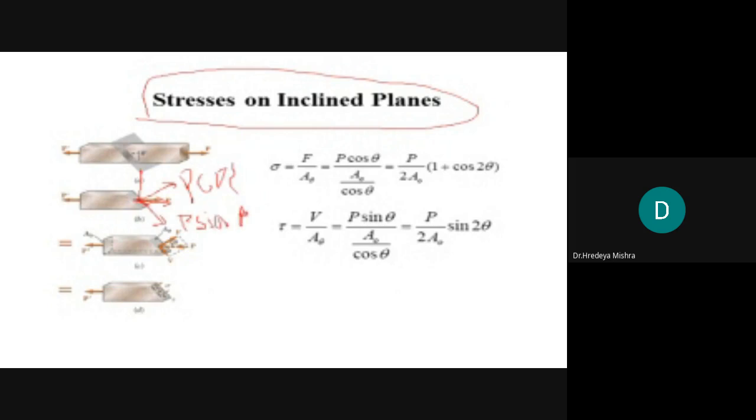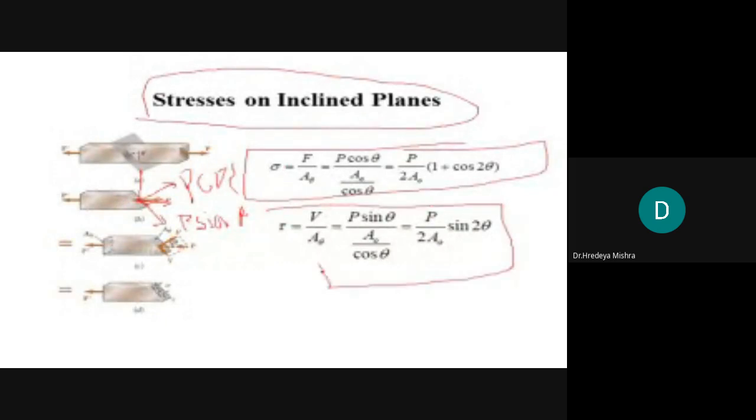And what is theta? Theta is the inclination of the plane. Okay, like that you can see. So stresses on the incline: this is the normal stress and this is the shear stress. Inclination divides the force component and area component into two forms.